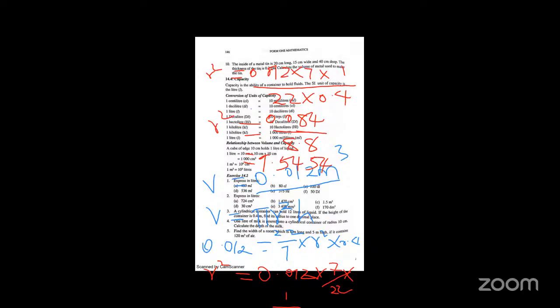So now find the square root on both sides. You find the square root of r squared, and you also find the square root on the other side.